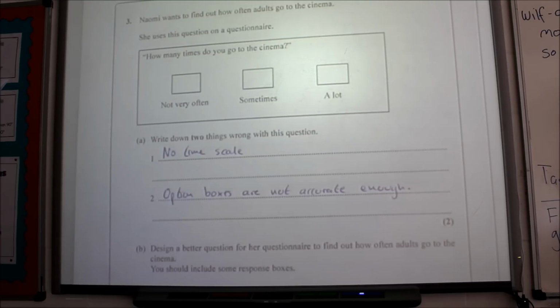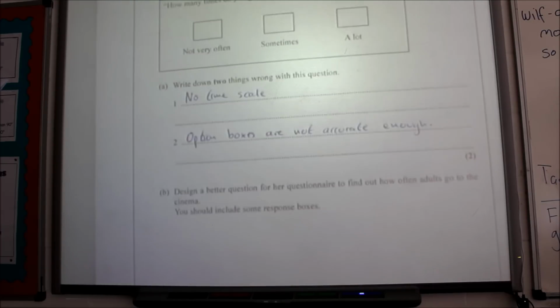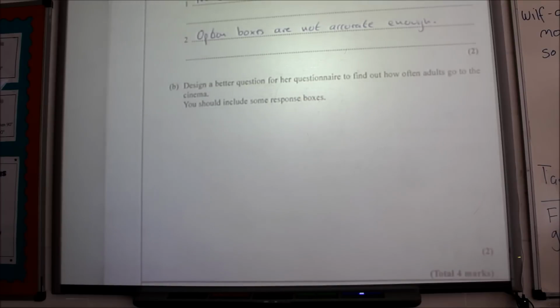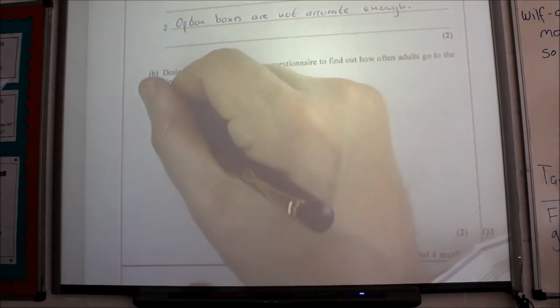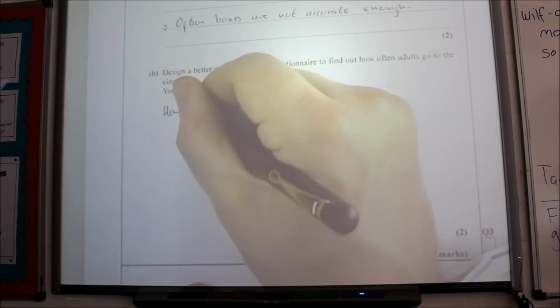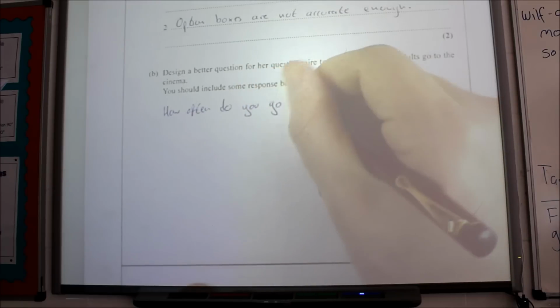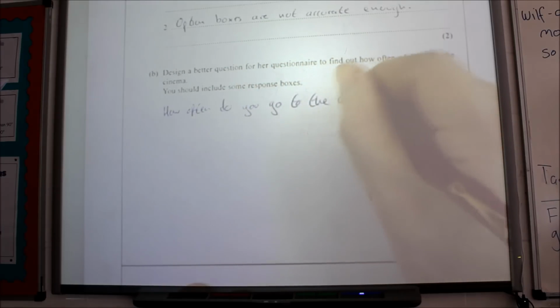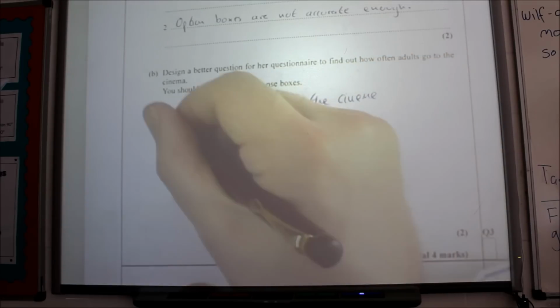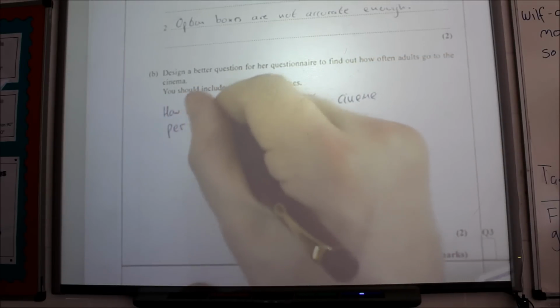actual time scale. So design a better questionnaire to find out how often adults go to the cinema. I'll write this on when you're doing it. How often do you go to the cinema? And I'm going to do per year.